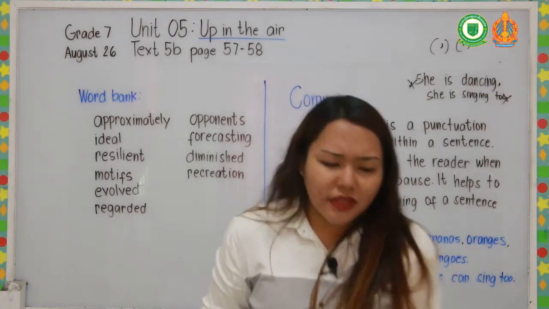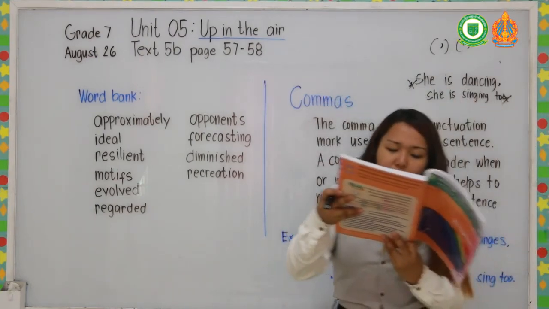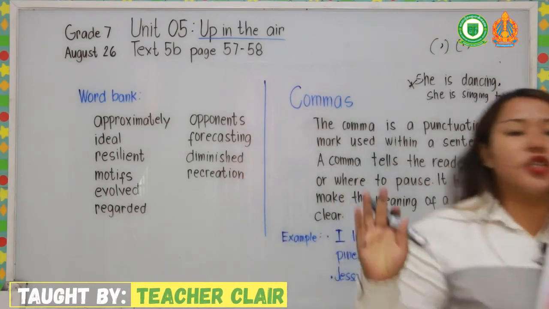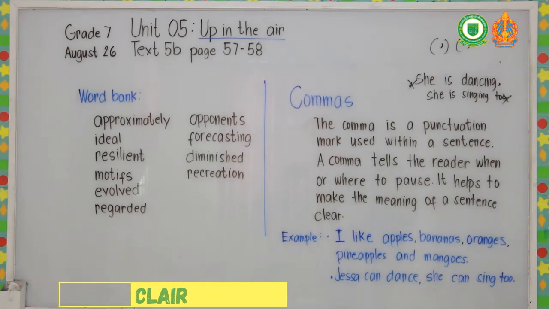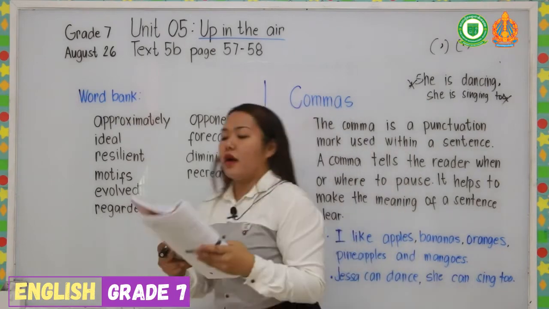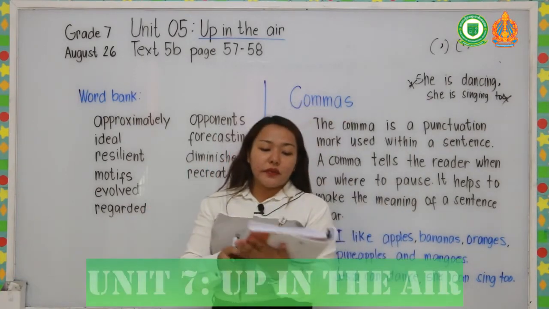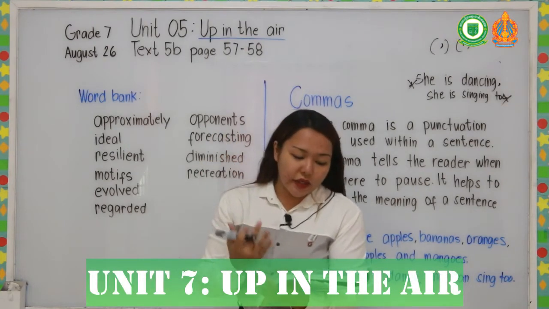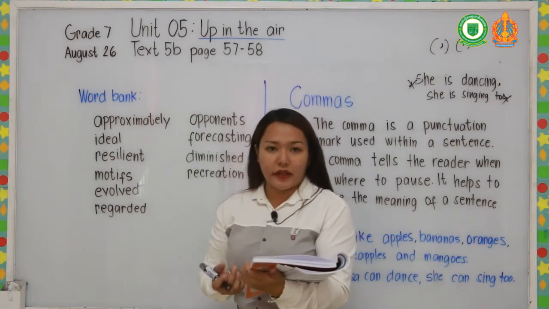Okay, so I'll give you something to do on page 57, but we have to read. So on page 57, kids, I will be reading the article "9-Year-Old Balloonist Bids for Record."